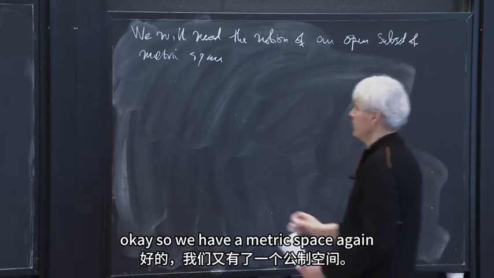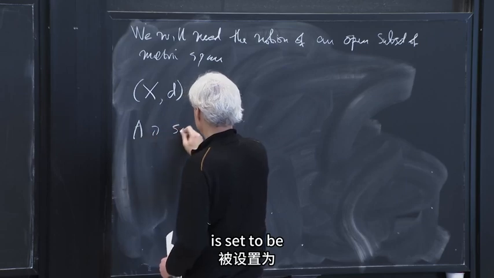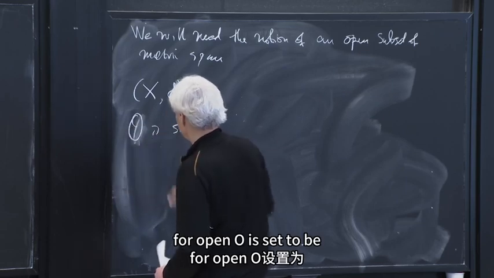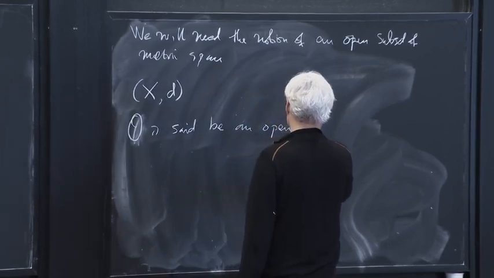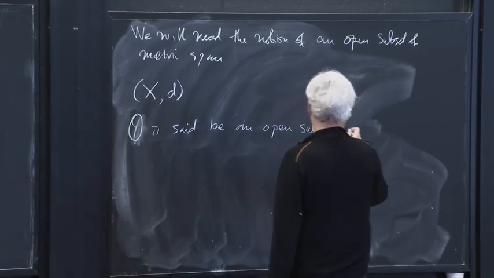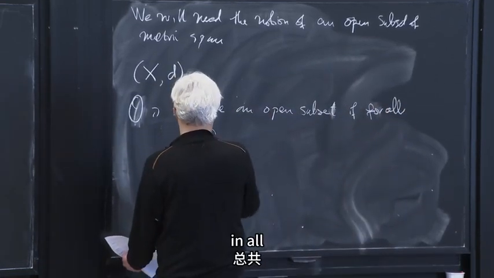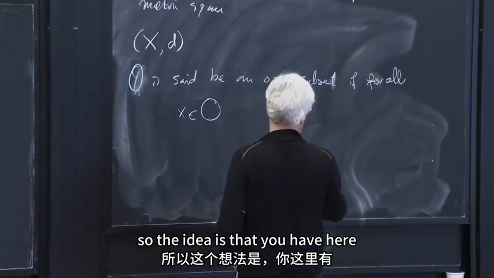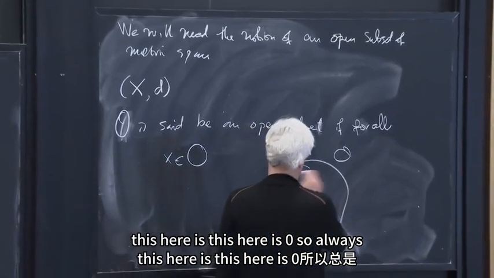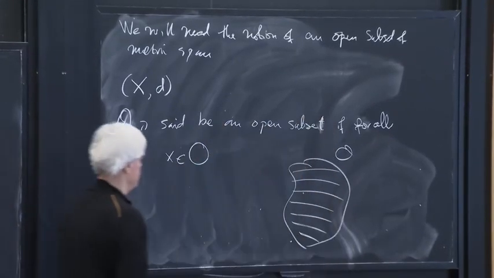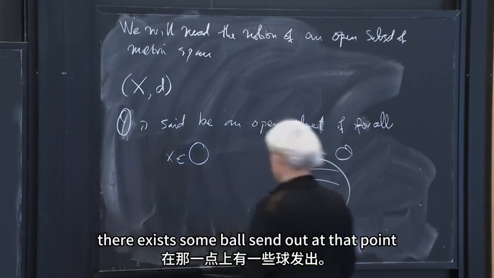Okay, so we have a metric space again, and so A here is said to be, let's call it O for open. O is said to be an open subset if for all x in O. So the idea is that this here is O. For each element, there exists some ball centered at that point.